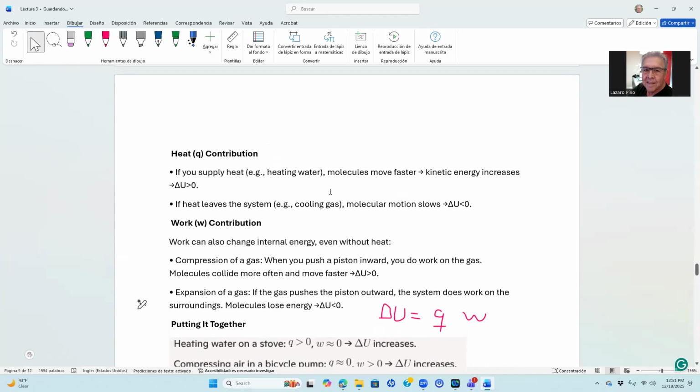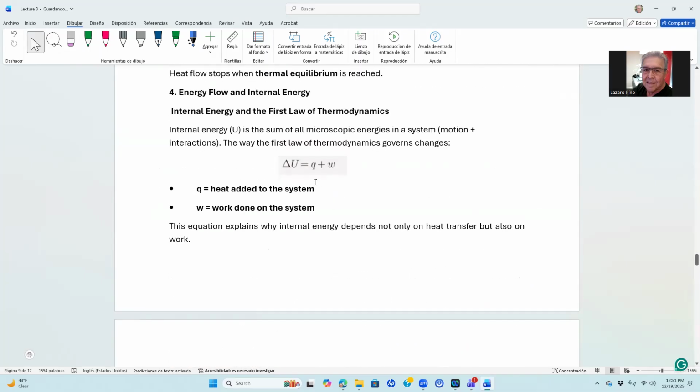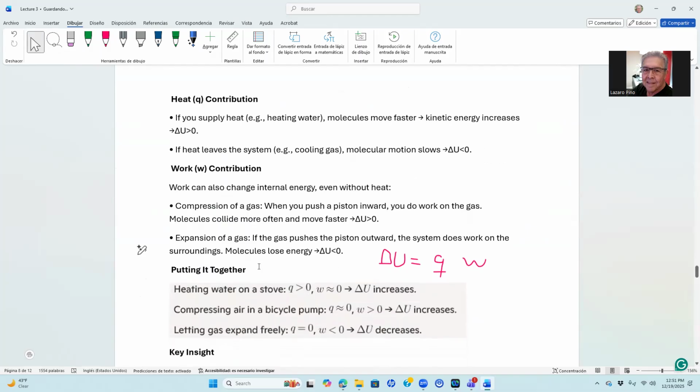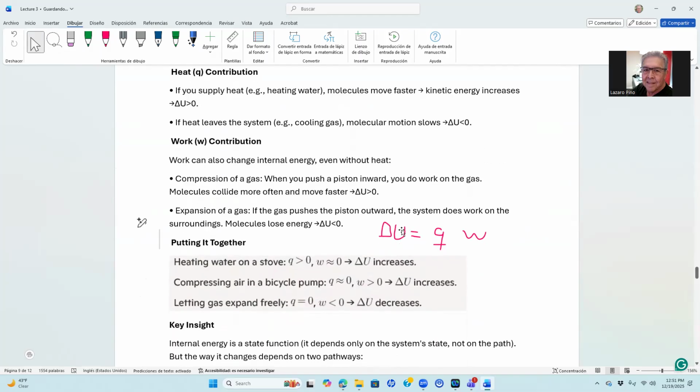Well, as you can see before, Q is the heat added to the system, and W is the work done on the system. So the internal energy depends on both, on heat and work.